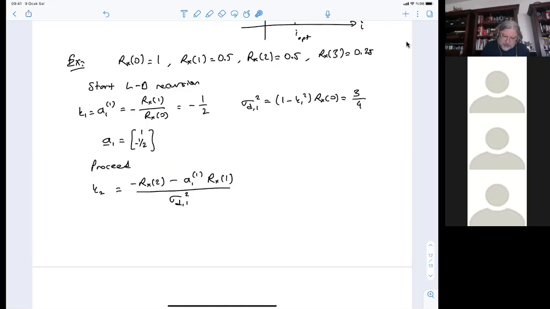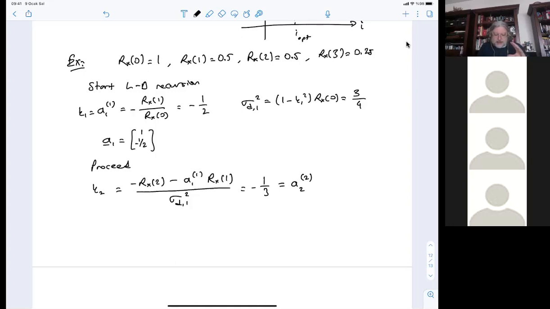And this one, by the way, if you just substitute the values inside the equation, you will find it to be equal to minus 1 over 3. So the second filter coefficient will be 1 over 3, the negative of this one. K2 is A2,2, the second of A2, and it will be equal to 1 over 3, so the coefficient is 1 over 3.